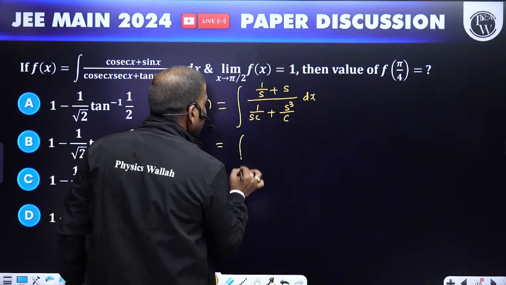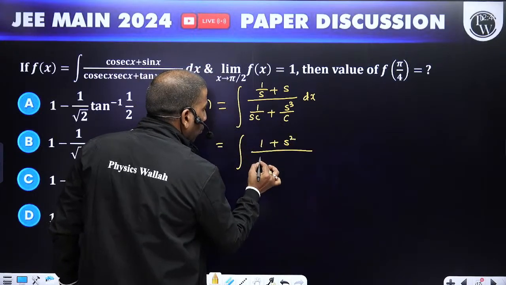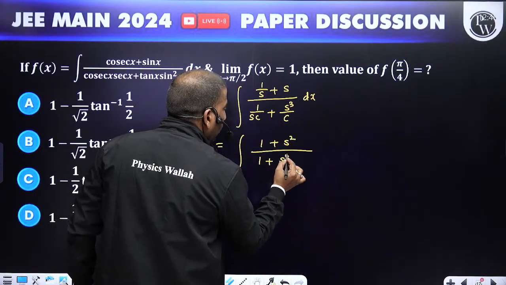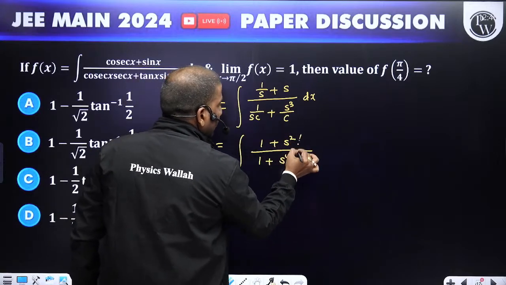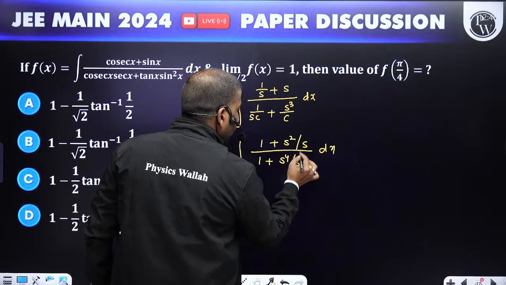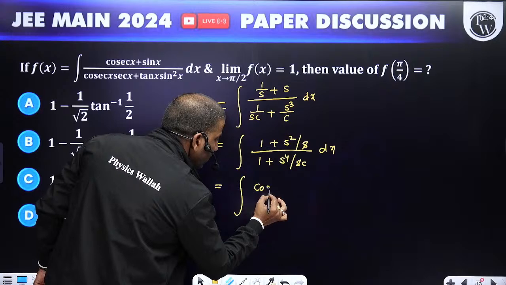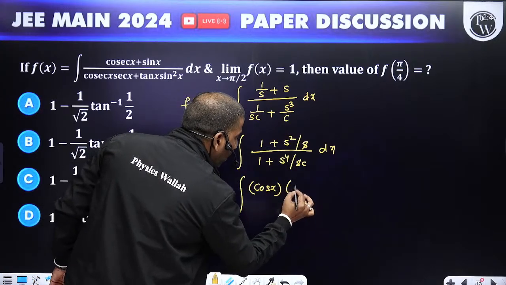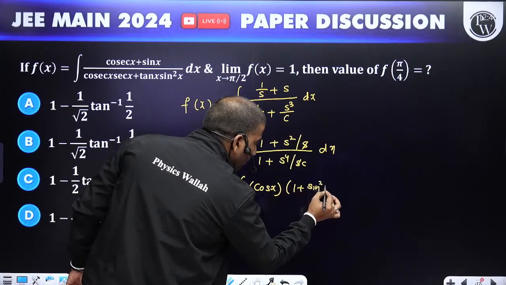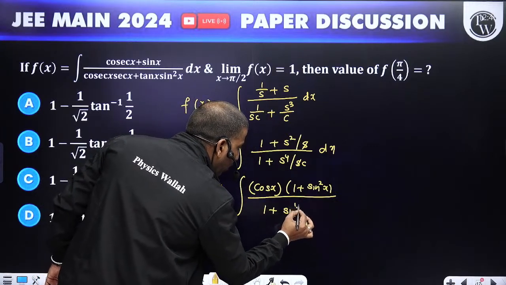Then this is 1 plus s square divided by 1 plus s power 4 and by s here by sc dx. So s and s got cancelled. So what we got: cos x times 1 plus sine square x by 1 plus sine power 4x dx.